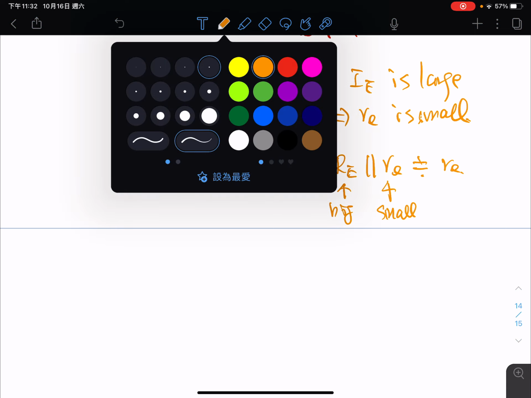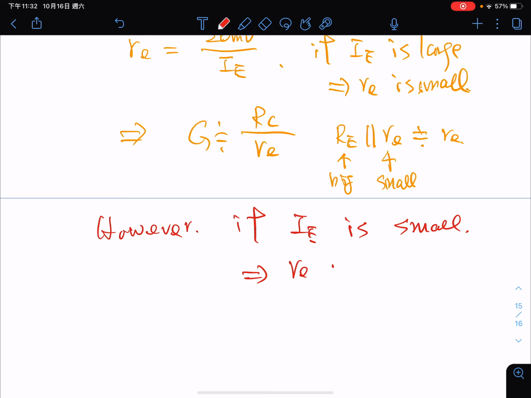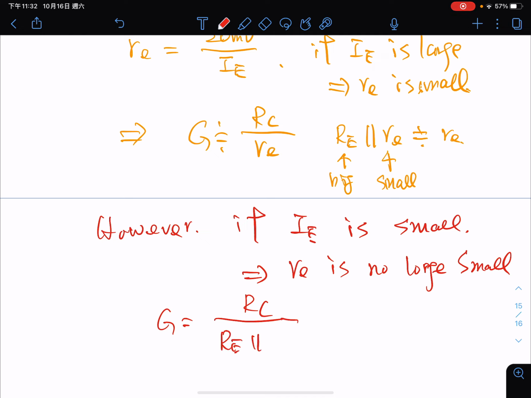However, if IE is small, then re is no longer small. Then the gain will be RC over RE in parallel with small re.